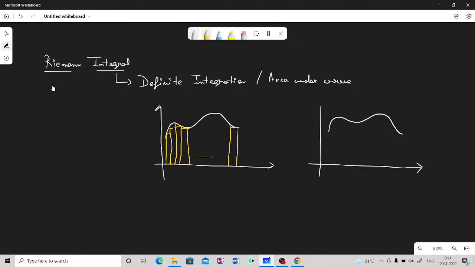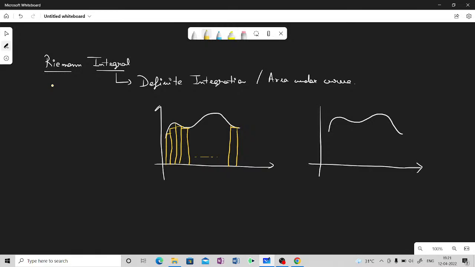Here we can form rectangles of two types basically. One which covers the area from below it, for example rectangles of this type, and one which bounds the curve from above it.